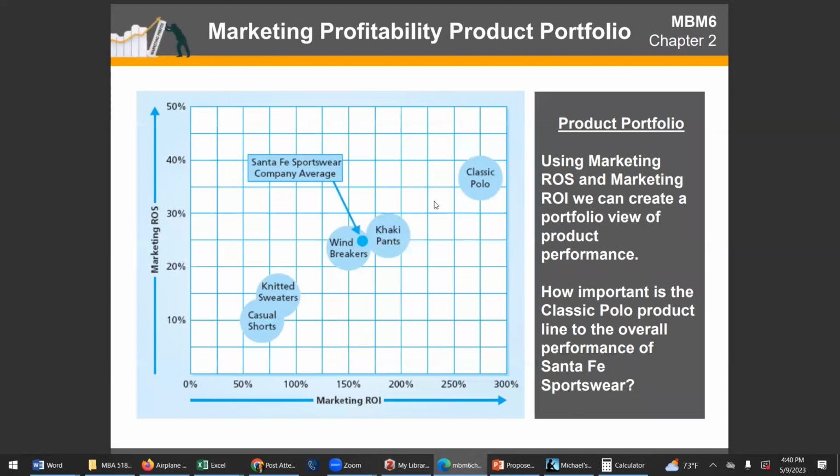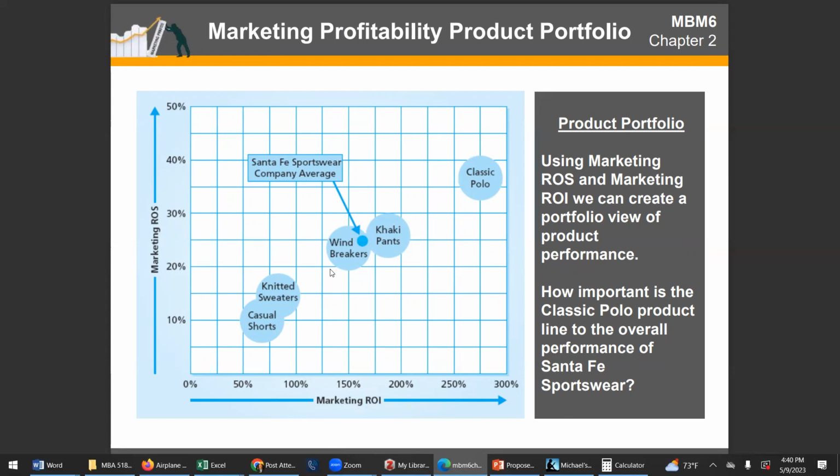Okay. So the reason why this is important is that it tells us where our marketing dollars are best spent. Just another way for us to think about it. Here's our sportswear average right here. It's just a weighted average of each of the 5 product lines.